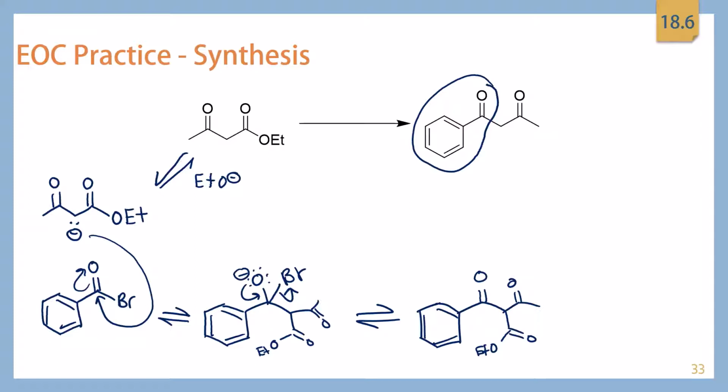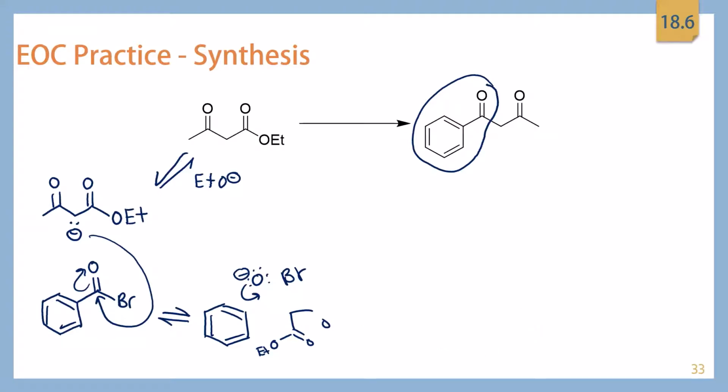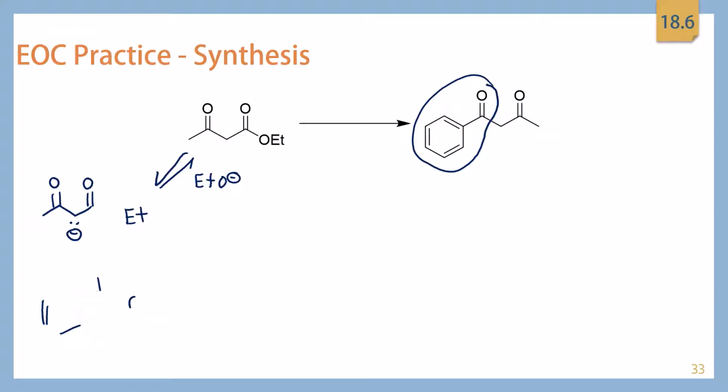But remember that this is a synthesis, so you don't typically draw out the mechanism. I chose to draw this one out because we hadn't done a reaction with an acyl halide in a while. So let's go ahead and erase. And let's actually write this out like you would write a synthesis solution.